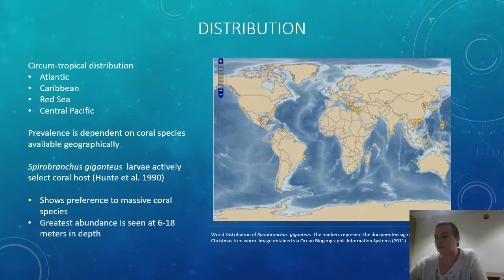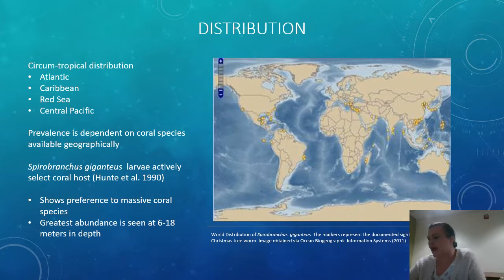Along with where they're found geographically, prevalence is also dependent on the coral species available, so that different species or subspecies are going to prefer different types of coral host according to where they are. Spirobranchus giganteus actively select coral hosts, and that's found by Hunt et al. 1990.